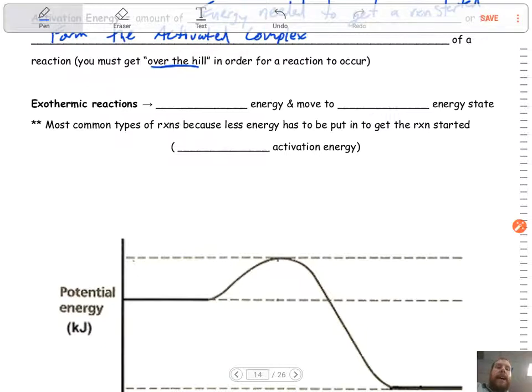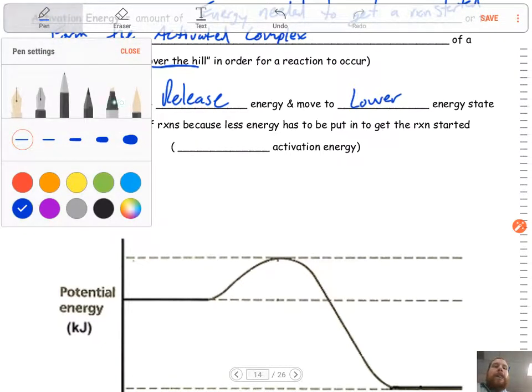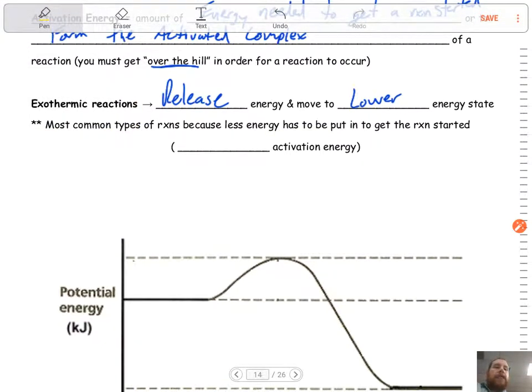So we know that exothermic reactions do what with energy? They release energy and they move to a lower energy state. This is why they're the most common type of reactions, because less energy has to be put in.